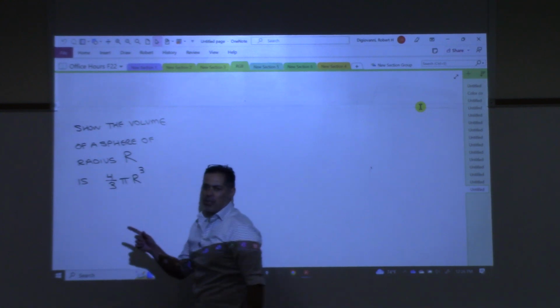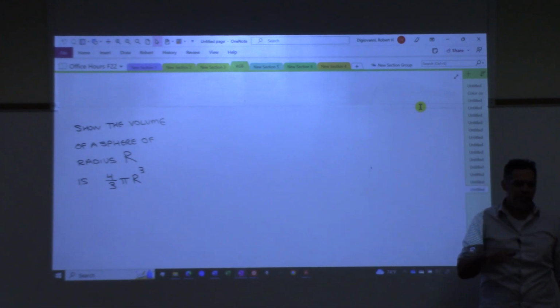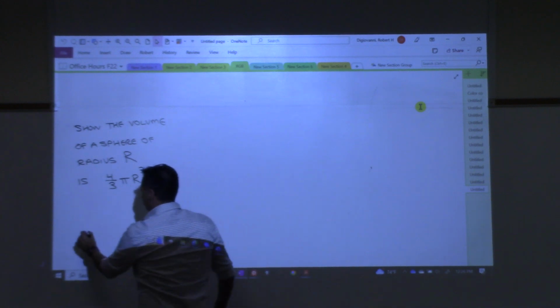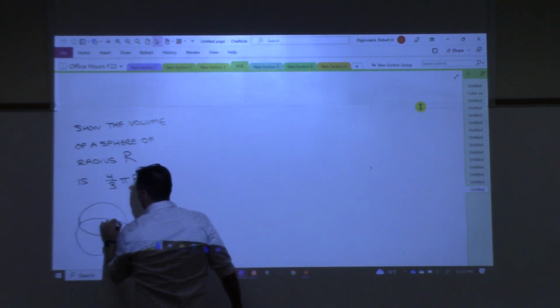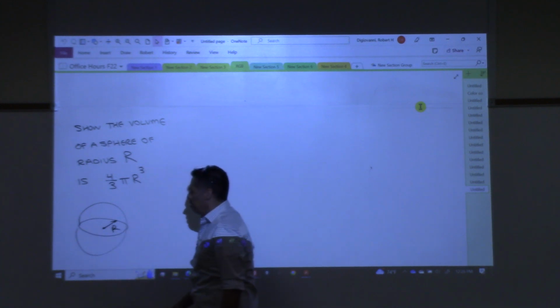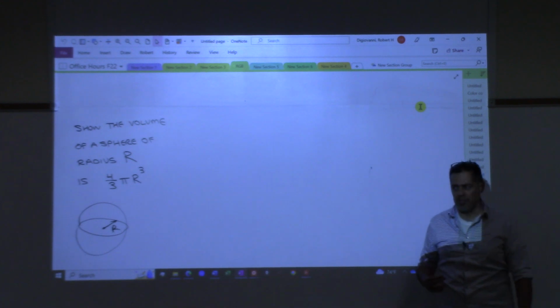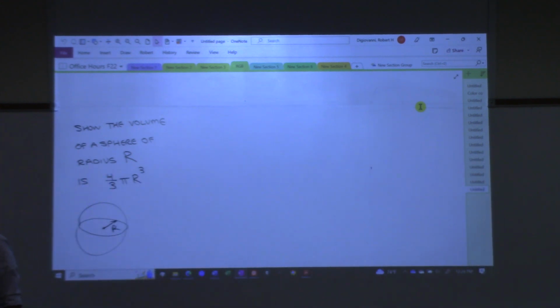If you look at your formula sheets and you look at the formula for the volume of a sphere, you will see this formula for the volume. So if you take a sphere, a solid ball, and I call the radius of that sphere capital R, on your formula sheets you'll see that the volume is 4/3 pi r cubed, right? Prove it. Prove to me that that formula is right. Show me where it comes from. Where does the formula come from?